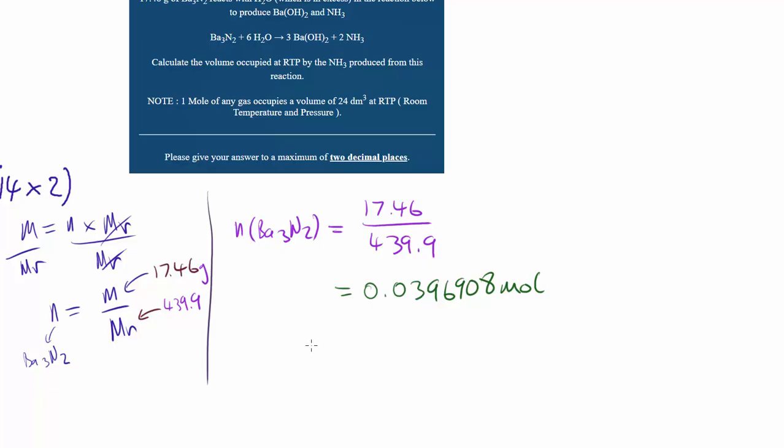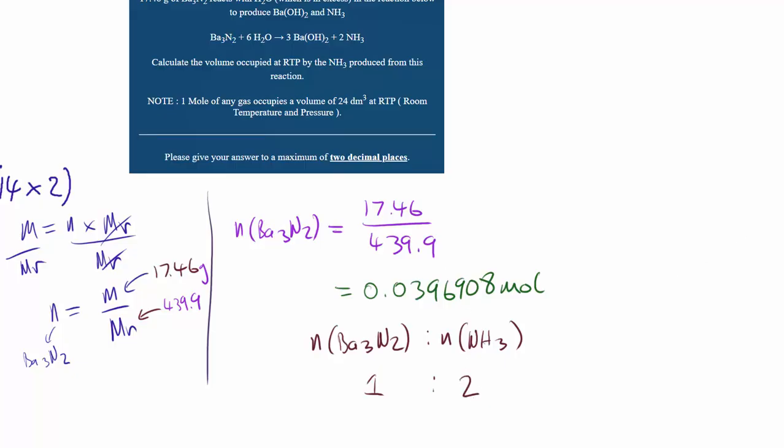When we compare the number of moles of Ba₃N₂ to the number of moles of NH3, for every 1 mole of Ba₃N₂, as the equation shows us, we've got 2 moles of NH3.